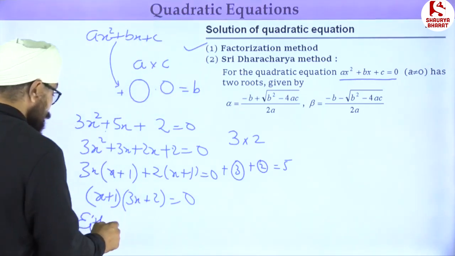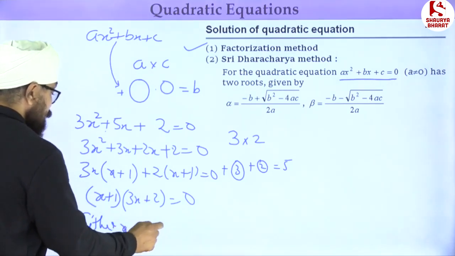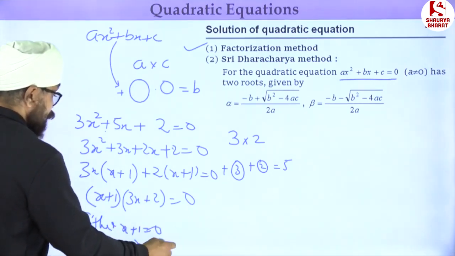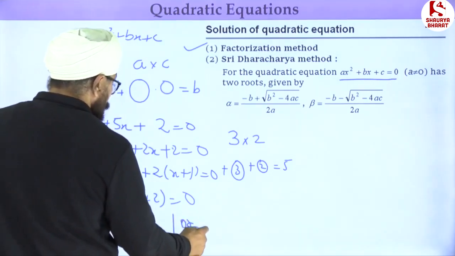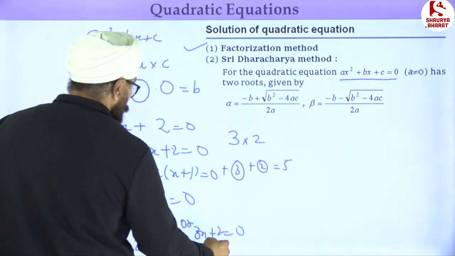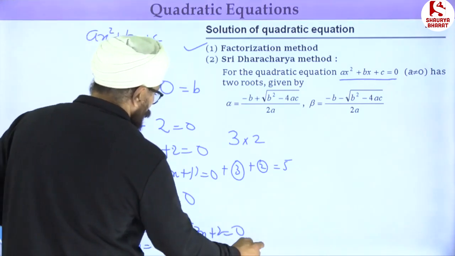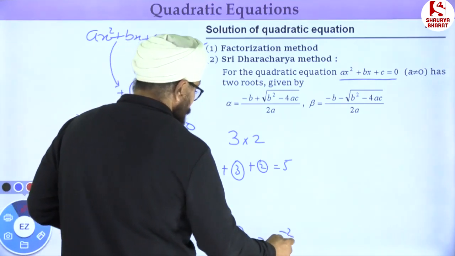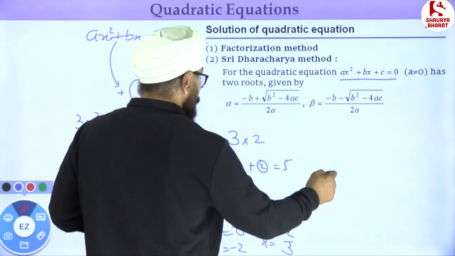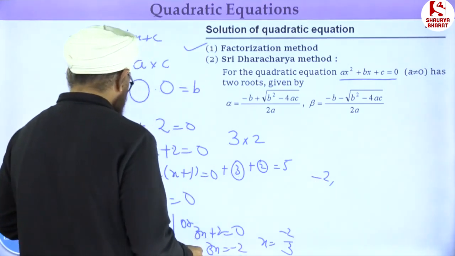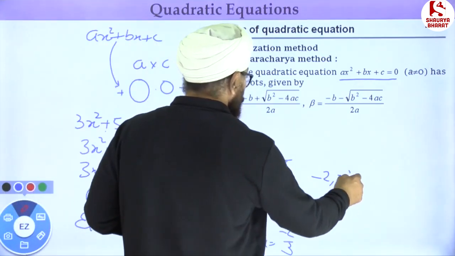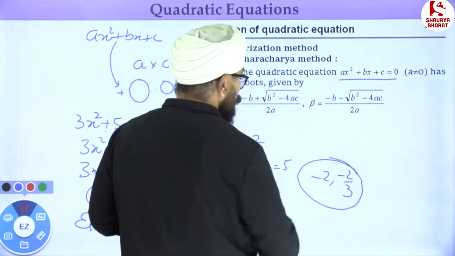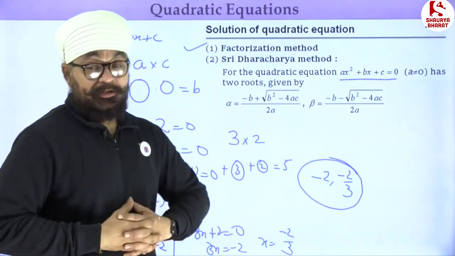So either x plus 1 is 0, giving you x is equal to minus 1, or 3x plus 2 is equal to 0, giving you 3x is equal to minus 2, or x is equal to minus 2 by 3. So what we can see is that we have minus 1 and minus 2 by 3. So these are the two roots of the quadratic equation.